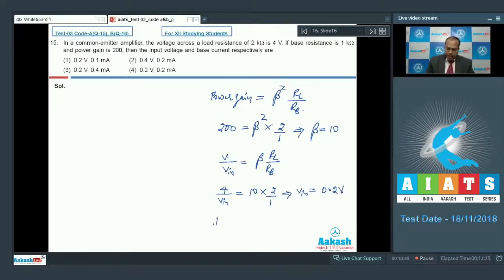So the base current IB is equal to input voltage, that is 0.2 volt, divided by base resistance, which is given as 1 kilo ohm. So it comes out to be 0.2 milliampere. So option 4 is the correct answer. Let's move to question number 16.